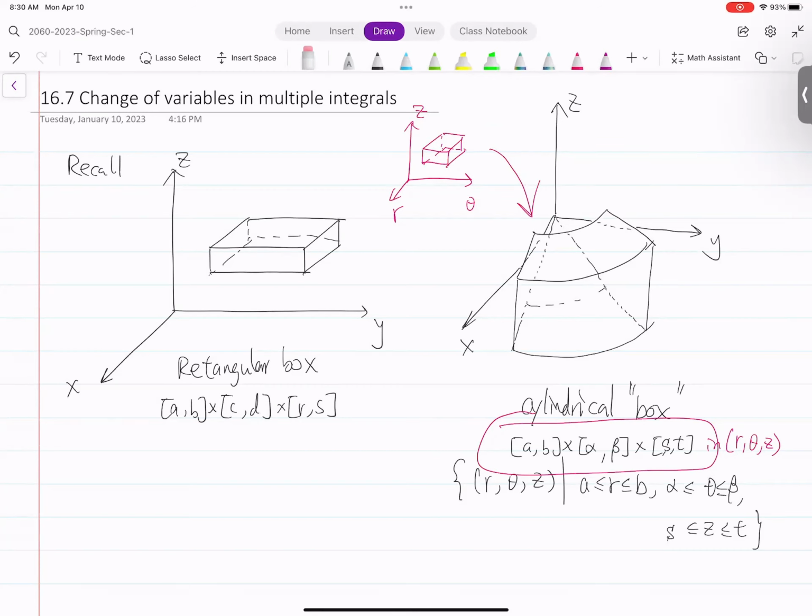And we have seen the way that we translate, because x is exactly r cosine theta, right? y is exactly r sine theta. And finally, z is z. From this translation, you see, we transformed the red rectangle into this black cylindrical box, right?